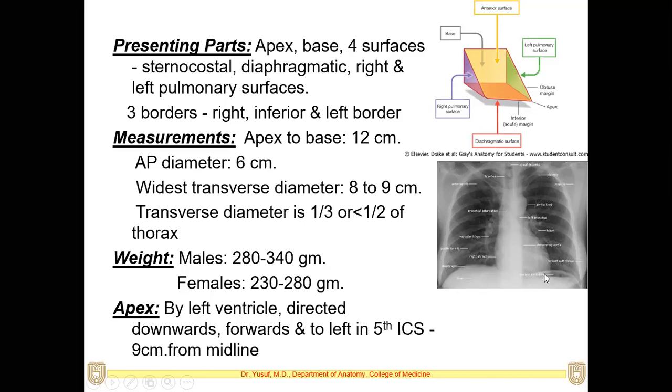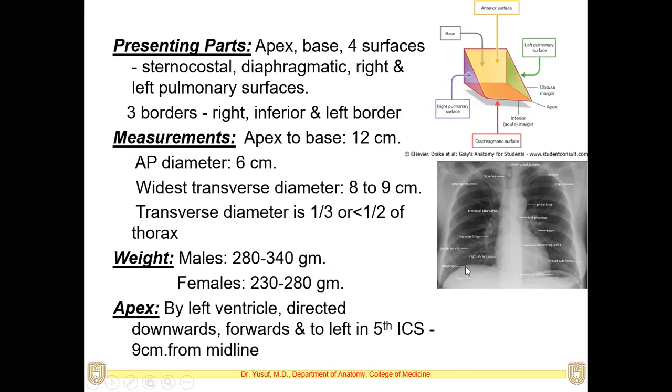If you see this X-ray, the heart size should be almost 1/3 to half of the total thoracic diameter of the total from this side of the ribs to this side of the rib. If you take the total diameter, the heart should be less than half of the total diameter.